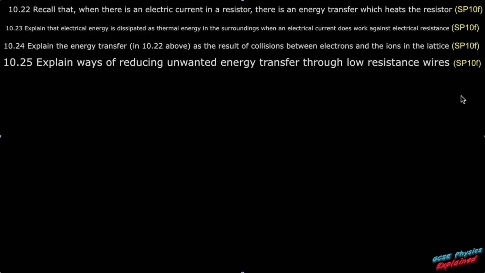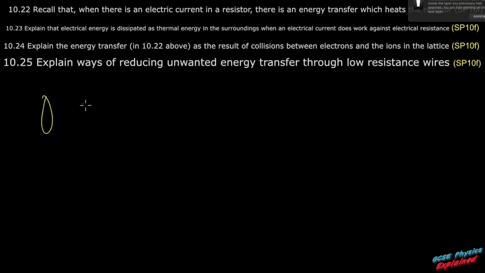Right, I'm going to cover statements 22 up to 25 all in one little slide because they all tie in together. Right, 22. Recall that when there is an electric current in a resistor, there is an energy transfer which heats the resistor. Right, you've got to understand the nature of resistance.